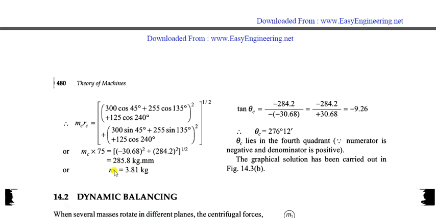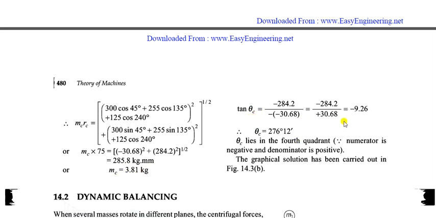Once you solve this, from this equation, if you put RC, you have only one unknown, MC, we can get. So MC he is getting 3.81 kg. Now if you want to calculate the angular position of that counter mass, that also we can calculate.